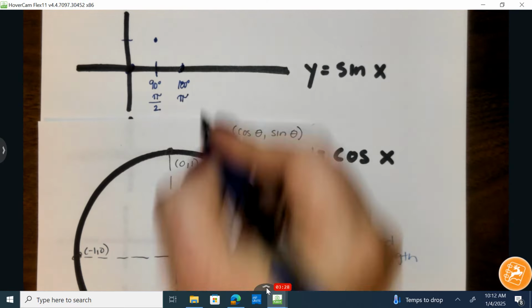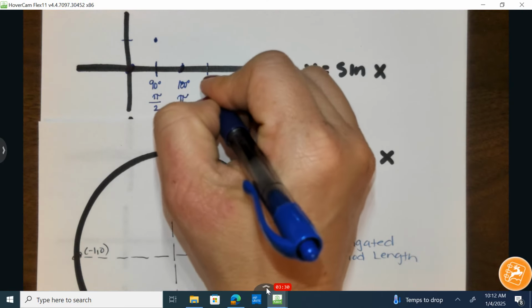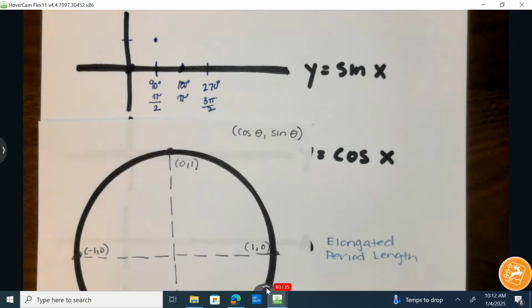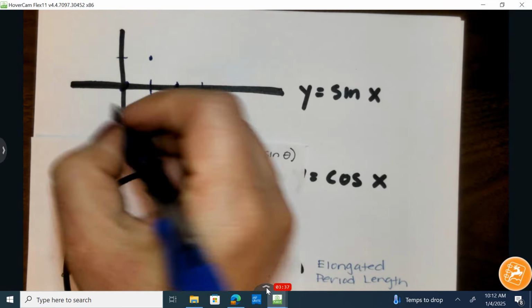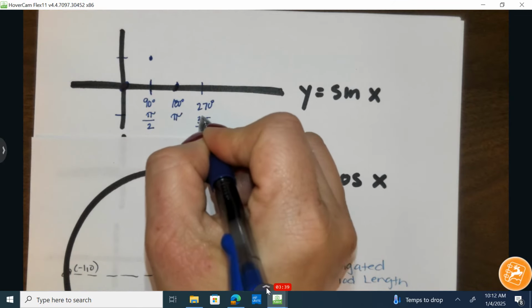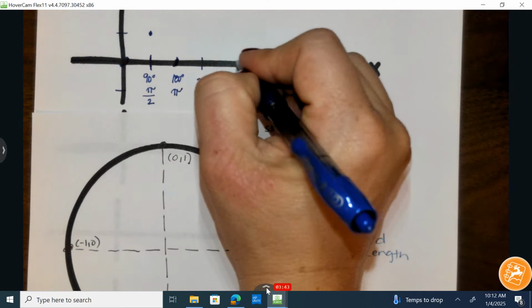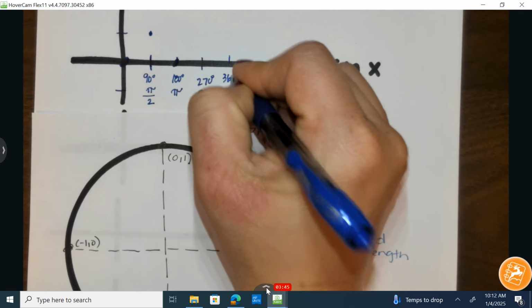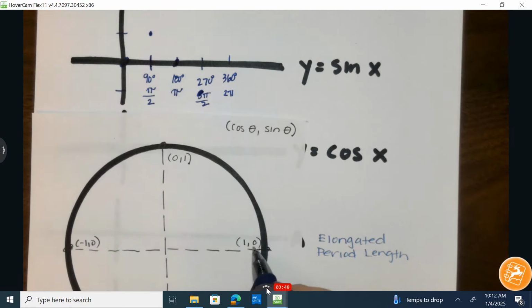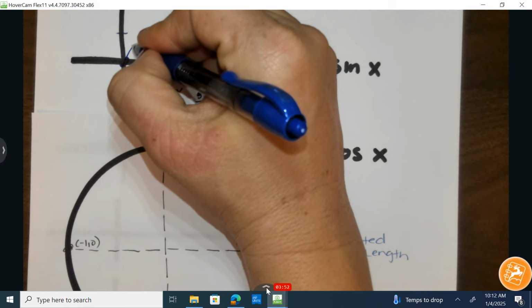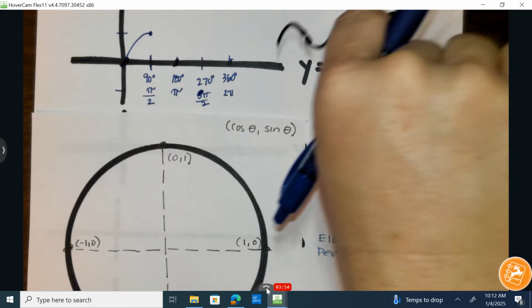Then I'm going to drop down to 270, also known as 3 pi over 2, and my sine value is -1. And coming back to complete this revolution at 360, or 2 pi, I am back to a sine value of 0. And so when I connect these, we're making this wave-like shape.